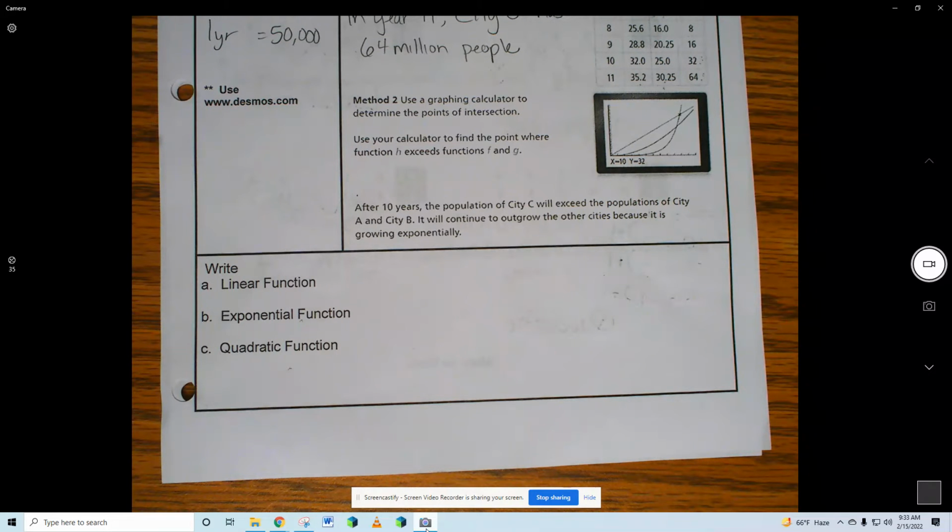On the bottom of the page, write a linear function. Y equals something. Write an exponential. Write a quadratic. Okay.